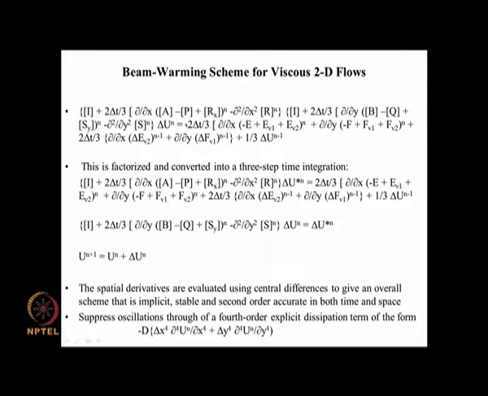Evaluation of this will give us a pentadiagonal matrix, which can be factored into only the x derivatives and only the y derivatives. This enables us to solve the equation in 2 steps, each involving a tridiagonal matrix.